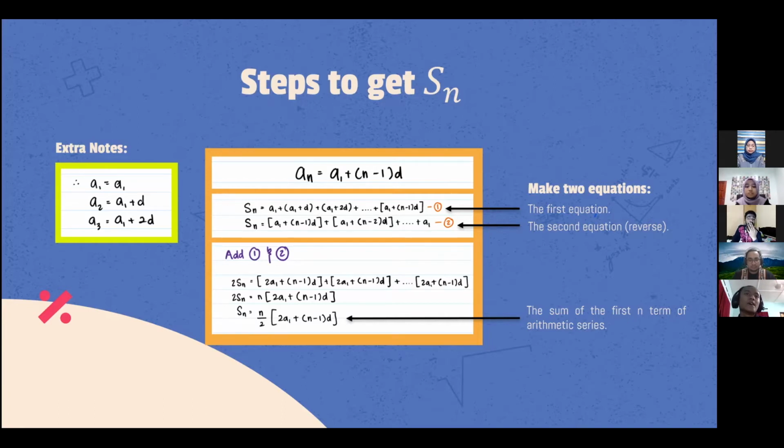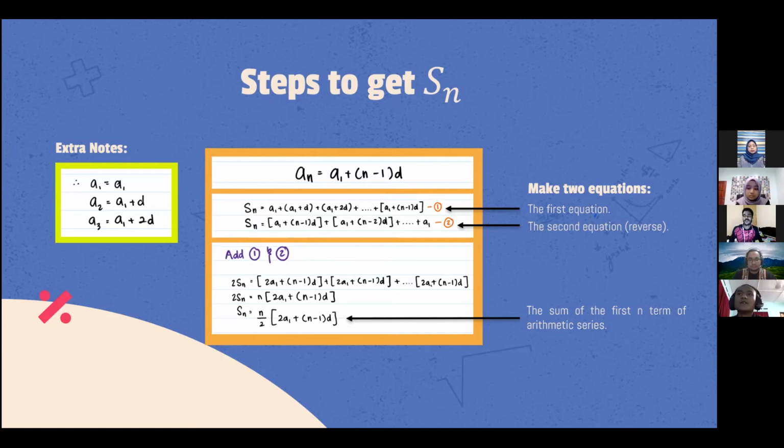The next step is to add the first equation and the second equation. The solution is 2Sn equals (2A1 plus (n minus 1)d) plus (2A1 plus (n minus 1)d) plus etc. So 2Sn equals n times (2A1 plus (n minus 1)d).